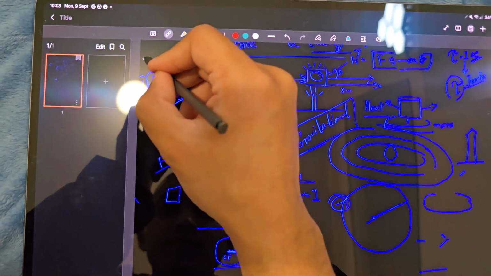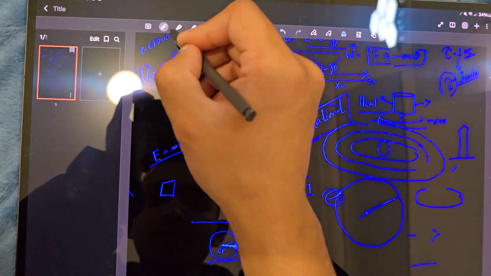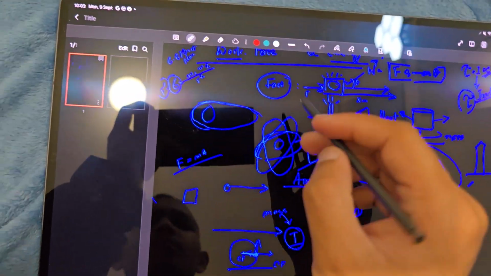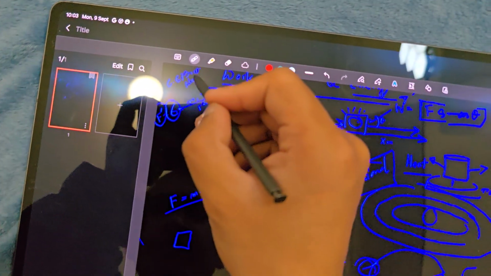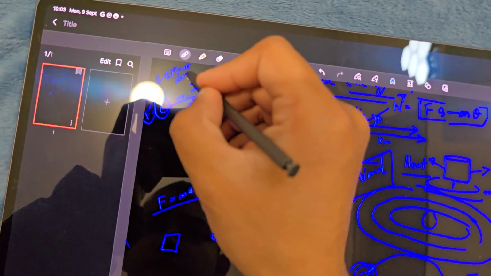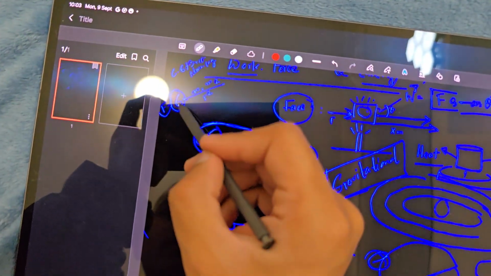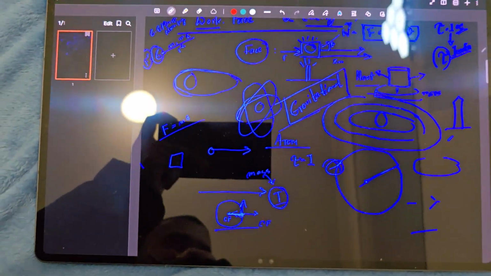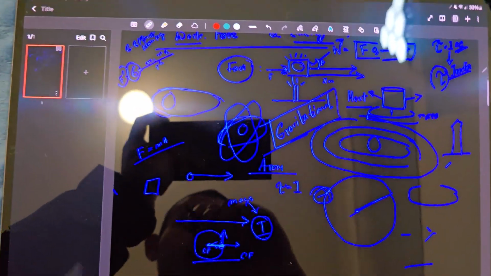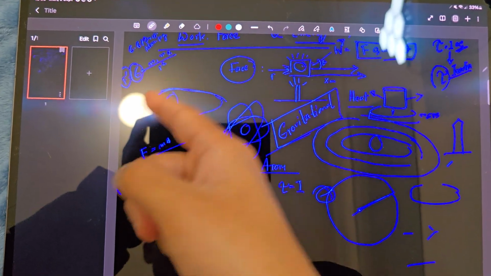G is a constant, the gravitational constant. I say F because it's the force between any 2 objects in the universe. G is the gravitational constant, which is 6.673 times 10 to the power minus 11 Newton meter squared per kg squared. So this is a very universal constant. What happens? We multiply m1 and m2, the masses, and divide by the distance squared.